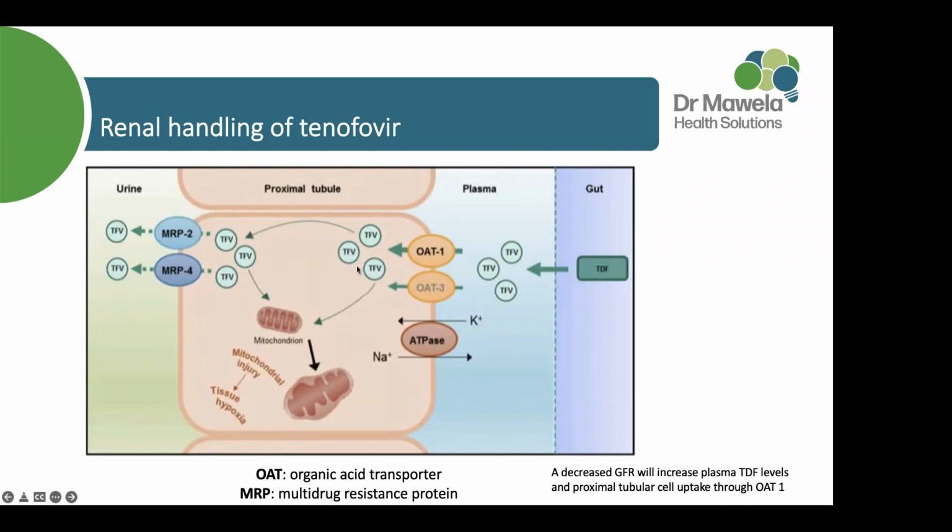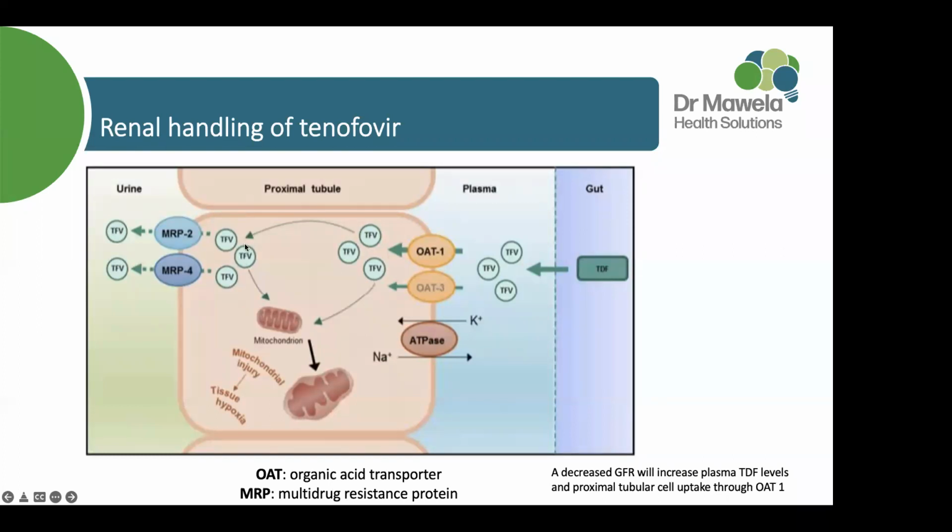In the cells, if there's high concentrations of the active TDF, they would then destroy your mitochondria by blocking the DNA synthesis process. Once we have mitochondrial injury, we then end up with tissue hypoxia. So you get necrosis. That's why we generally say TDF causes acute tubular necrosis, because the cells are not getting enough oxygen because the mitochondria are being destroyed.